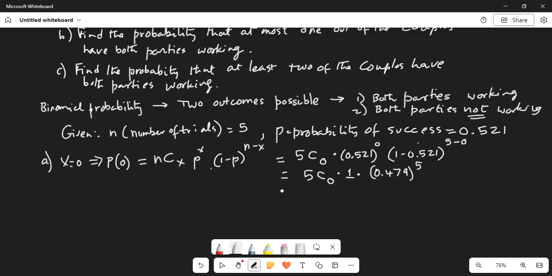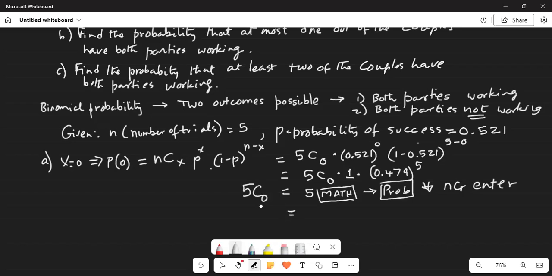Now, in our calculator, TI-84, there is a key: I type 5, then press the math button, then highlight PROB on the top, then go down to nCr and hit enter. So I'm just calculating 5C0.